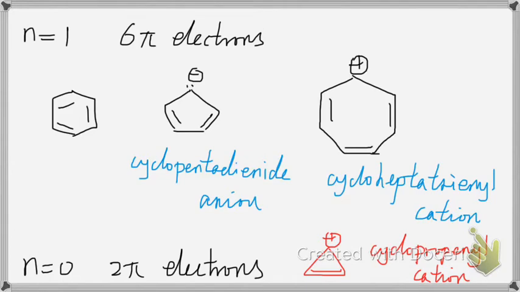Cyclic, fully conjugated. And we have 2 electrons. It satisfies all the rules for aromaticity, and it is an aromatic ion.